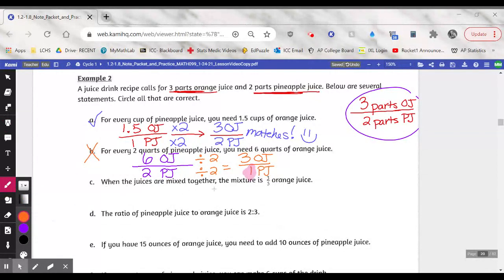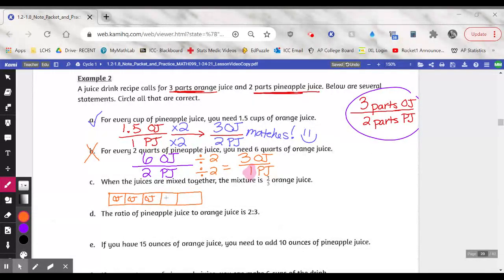For C, it says when juices are mixed together, the mixture is 3/5 of orange juice. So I like to kind of make a drawing of a fraction bar. We've got 5 parts of the recipe is what it's saying by being over 5. And it's saying 3 of the parts are orange juice.